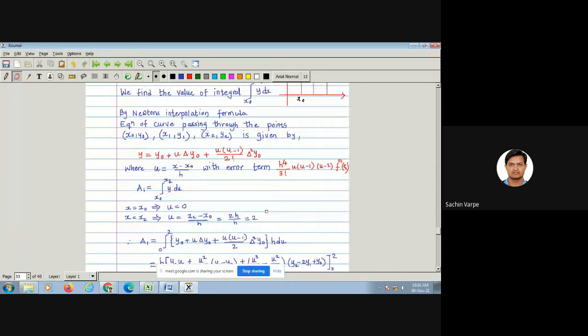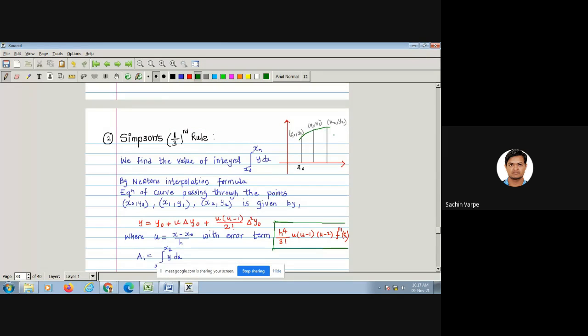As we did in the trapezoidal rule, we substitute u equal to x minus x naught by h, with the error term. Geometrically, what does error mean? We are converting this total region into small trapezoids, because to get the area of this region we don't have any specific formula.